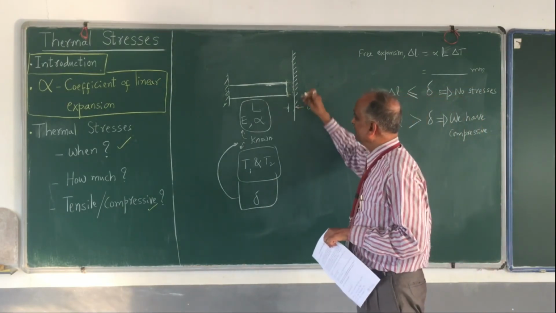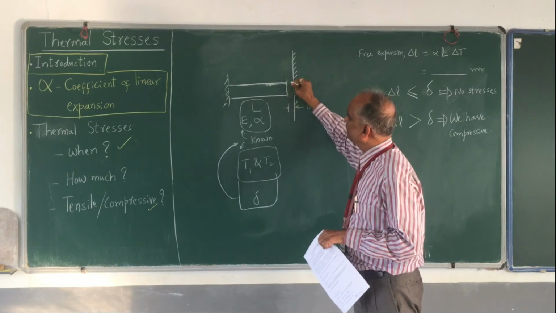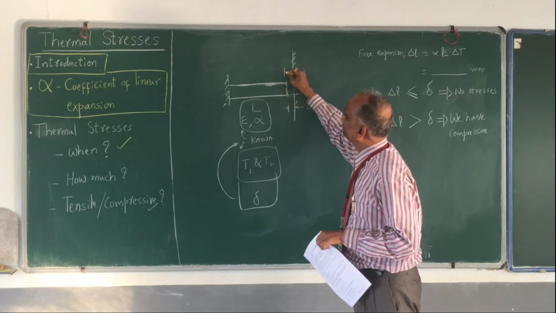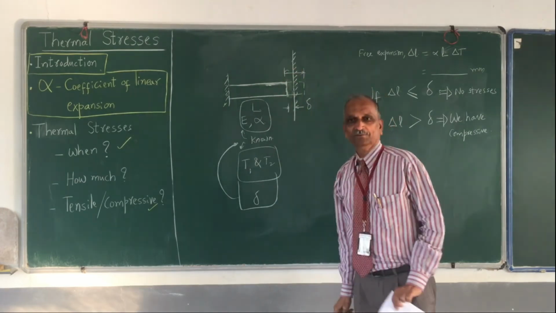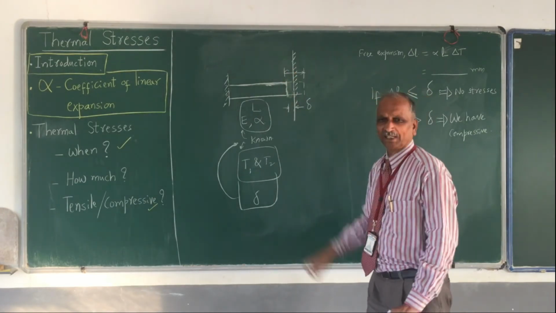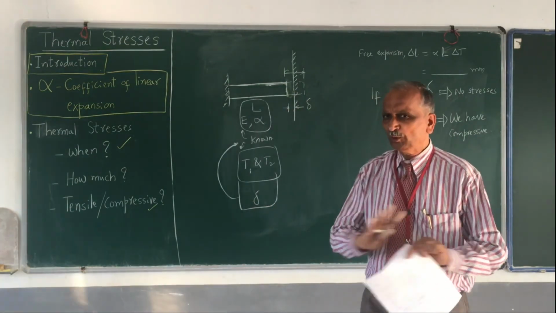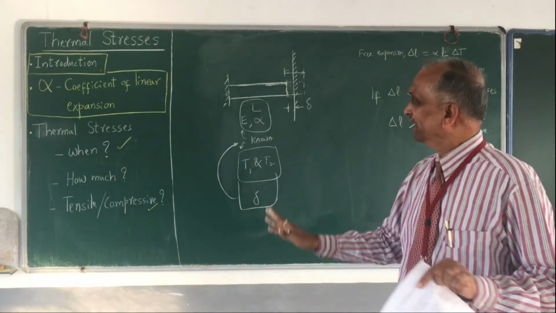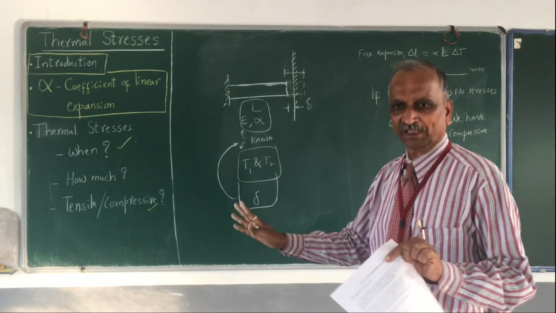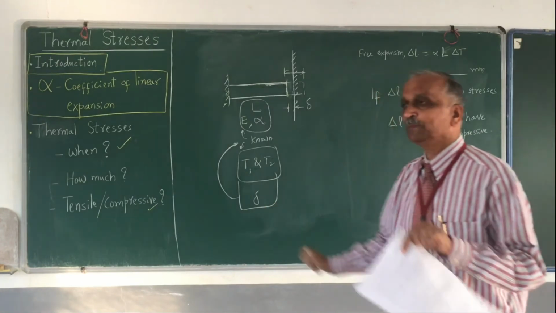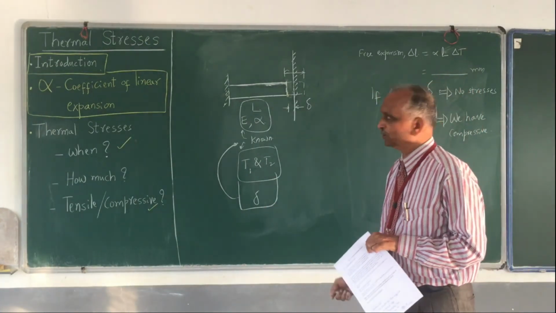This delta L probably would have gone something like this. Out of this delta L, this much delta is allowed. You don't have to apply any load for that much. You can have free expansion. Then for how much expansion is the load going to come into the picture?